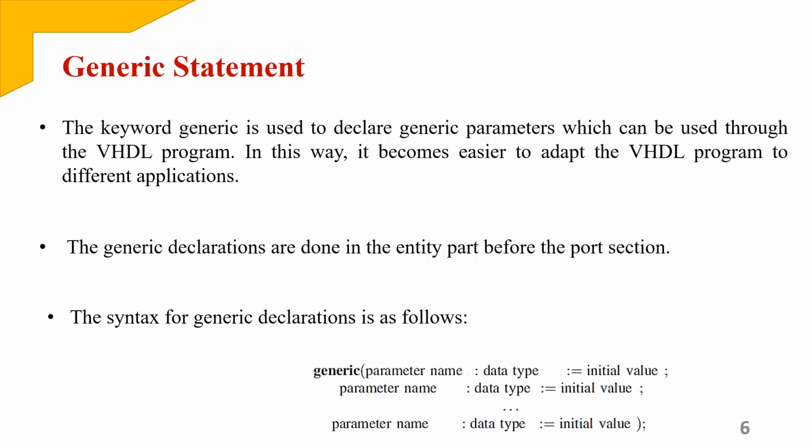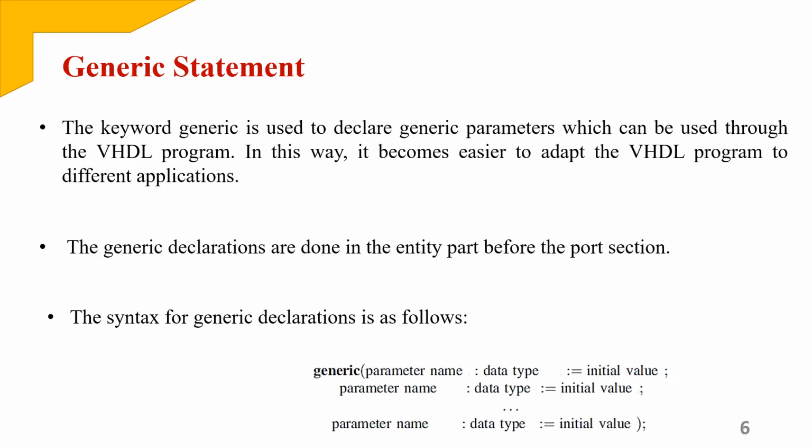Generic statement. The keyword generic is used to declare generic parameters which can be used throughout the VHDL program. In this way, it becomes easier to adapt the VHDL program to different applications. The generic declaration is done in the entity part before the port section.